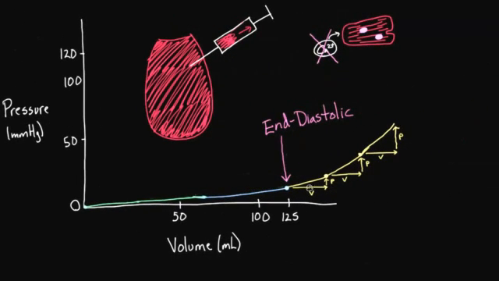And this pressure-volume relationship is assuming that the left ventricle muscles are relaxed, right? This is assuming that there's no contraction happening.